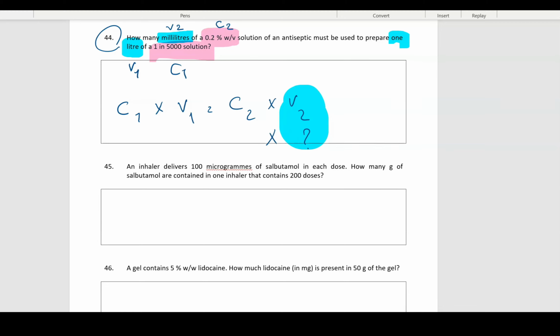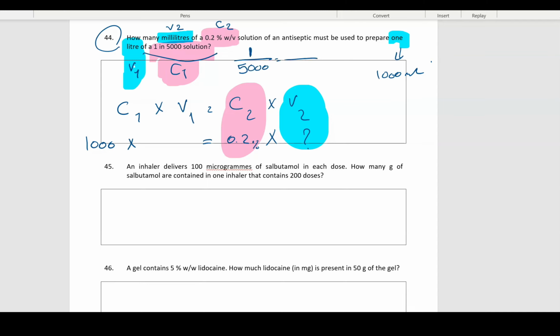Concentration is 0.2, and then volume: 1 liter, which is equal to 1000 milliliter, times the concentration, which is 1 in 5,000. So we want to see how much is in the 100.